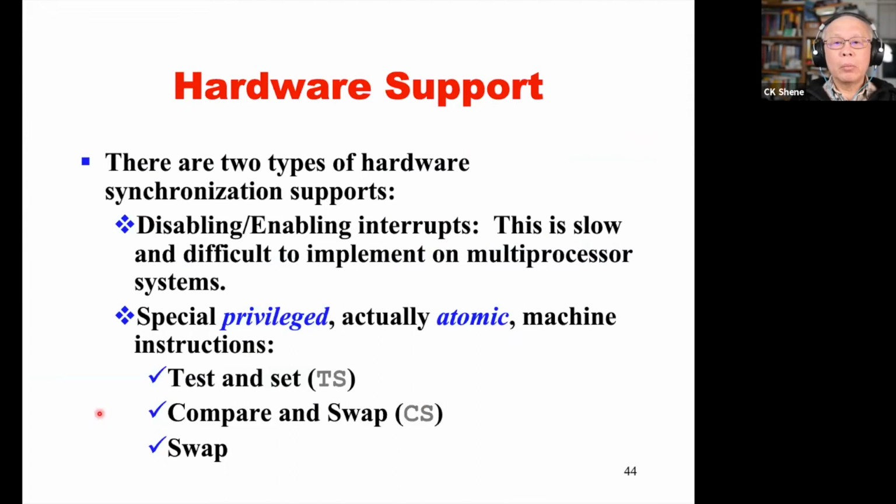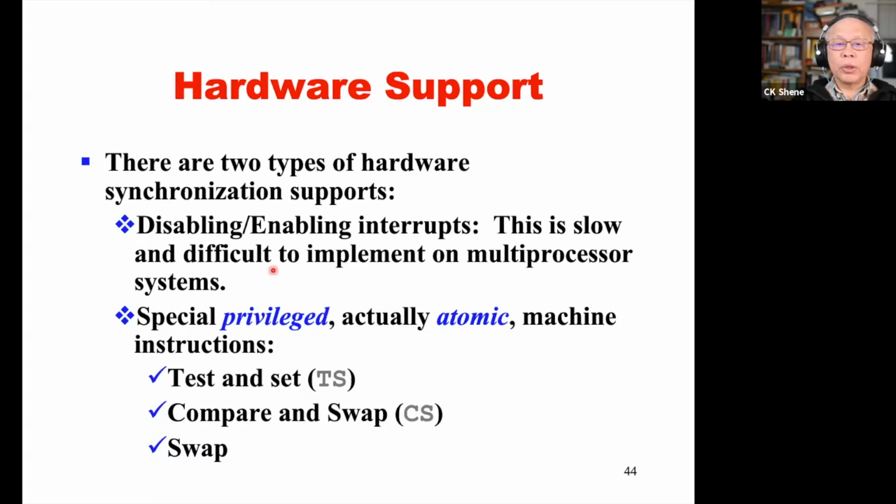Usually, a modern CPU has two types of hardware synchronization support. The first one is disabling and enabling interrupts.